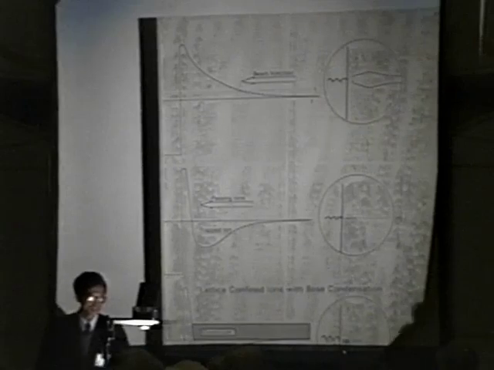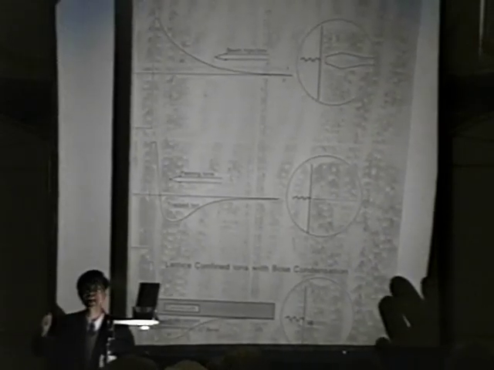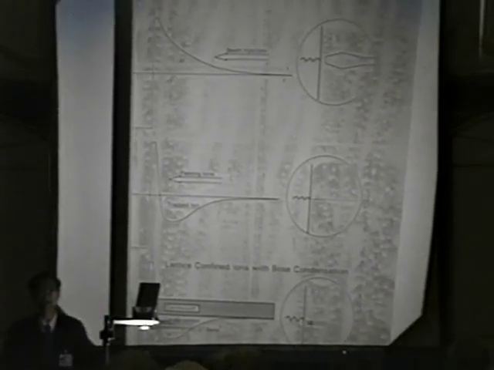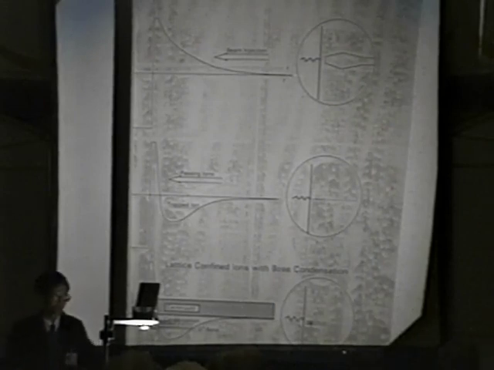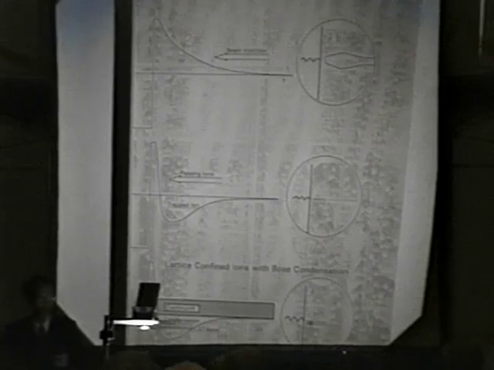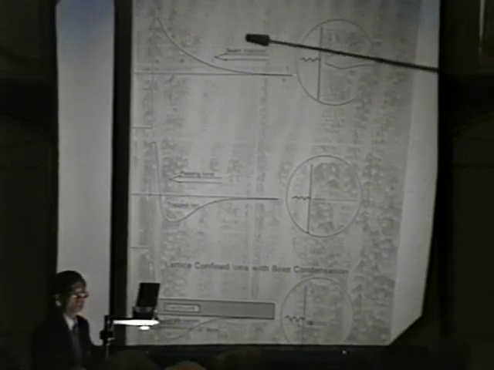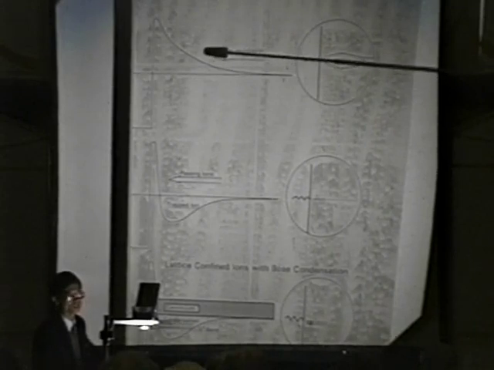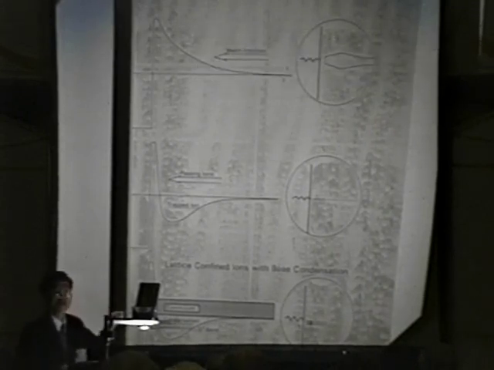Now, a lot of people will ask me, you have such a long lifetime, the energy level must be very, very narrow. How can you find this narrow energy level? I say, yes, it's very, very difficult if you use a beam-target experiment. Here is the Coulomb barrier, here is the beam. The beam has an energy width.